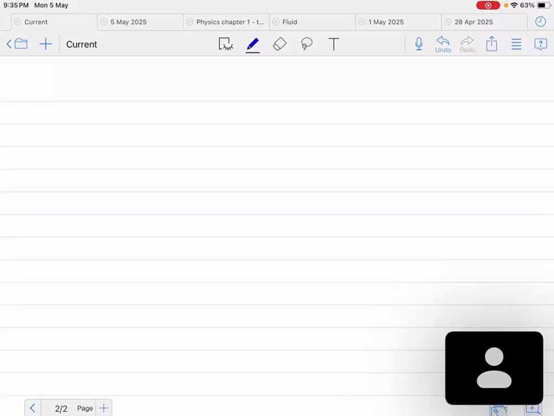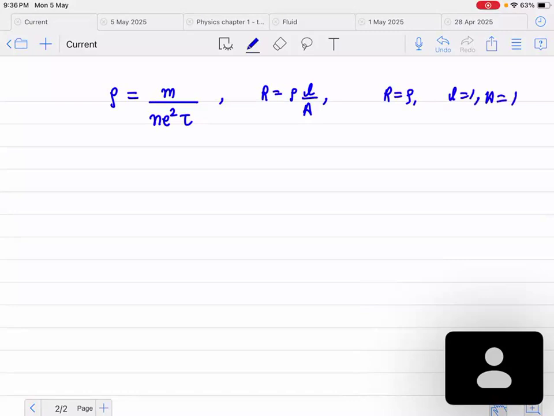See, rho is m upon n e squared tau, and R is equal to rho L by A, and for unit length of wire, R is equal to rho. If L is equal to 1, A is equal to 1, fine. But from the Ohm's law, R is equal to V upon I.